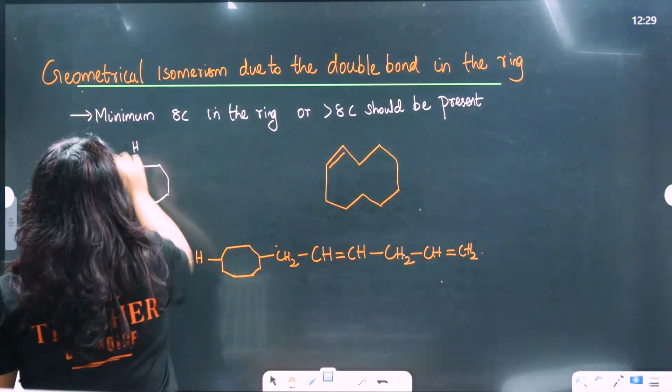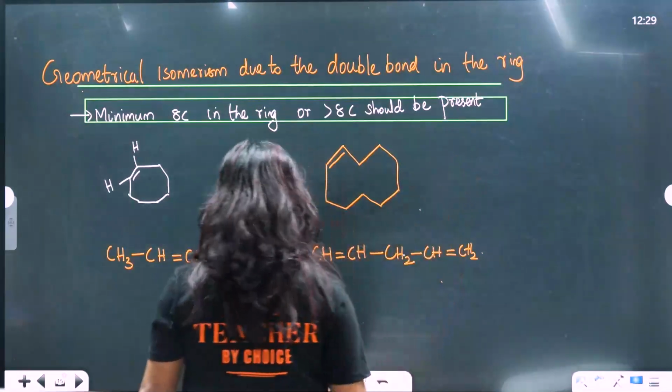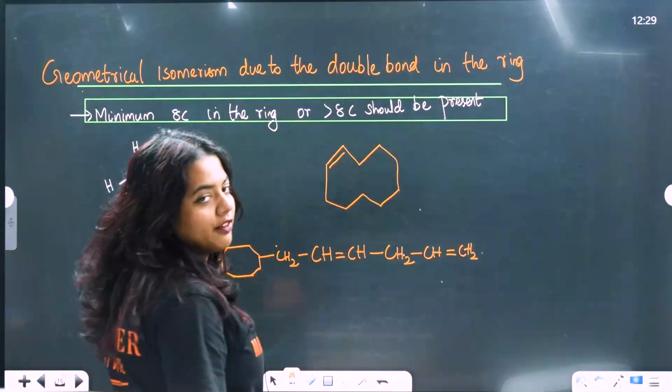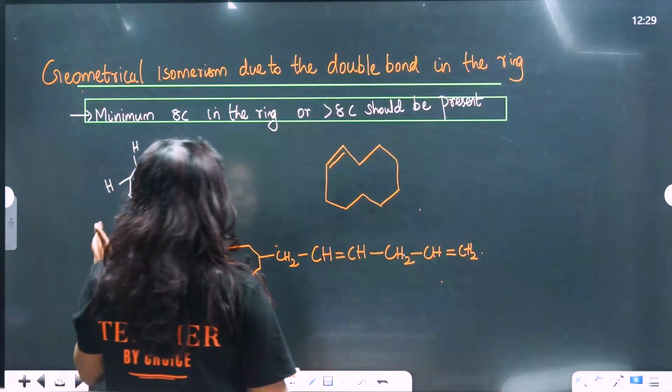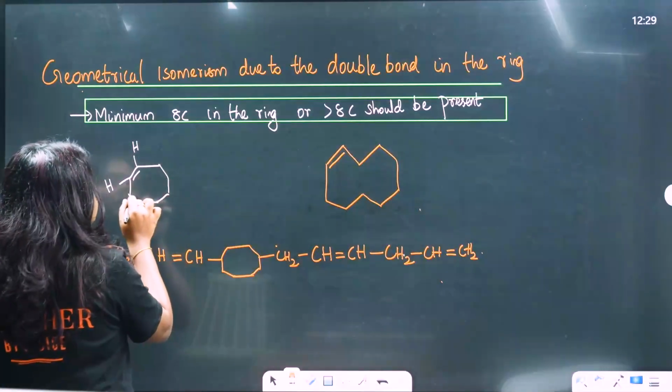As I told you, they should have minimum 8 electrons in the ring, or greater than 8. Listen carefully for this: 1 2 3 4 5 6 7 8.